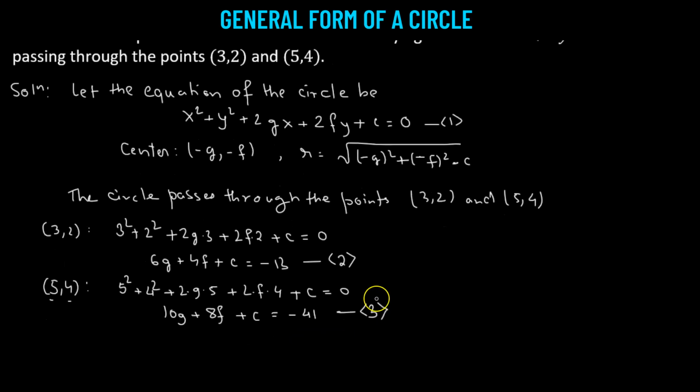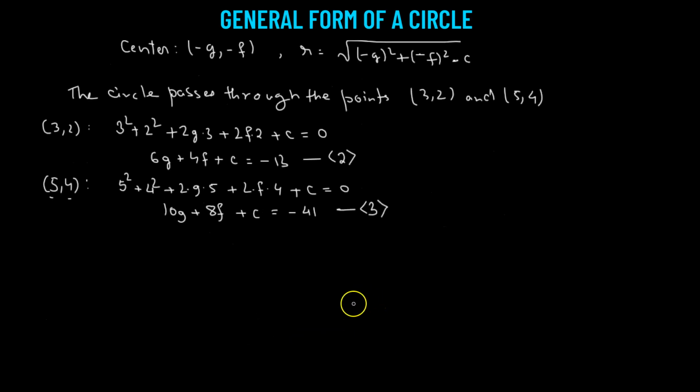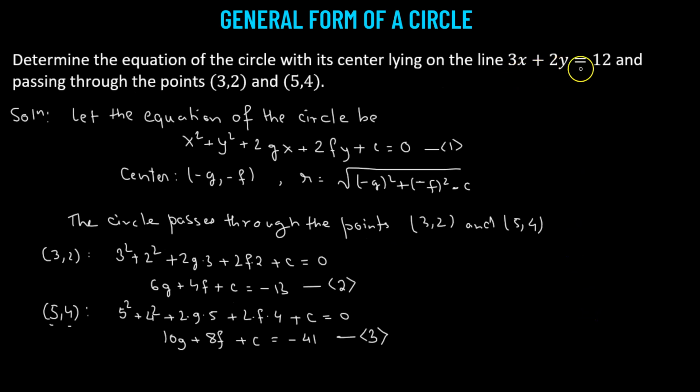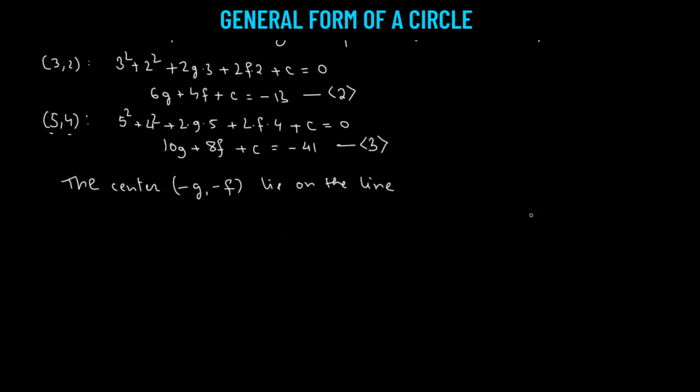Now we will consider the condition that the center of the circle, which has the coordinates (negative g, negative f), lies on the line. We have the equation of the line provided to us: 3x plus 2y equals 12.